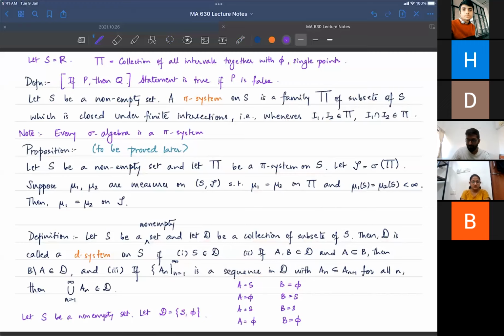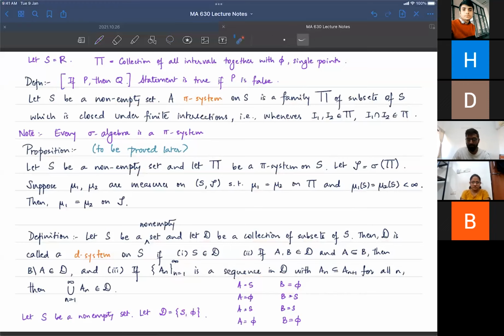Suppose I make a statement P implies Q. If P is false, then the statement is automatically true. You remember that from basic analysis and set theory. If the first part is false, then the statement is true, because all the statement is saying is that if P is true, then such and such should happen. But if P is already false, then you're fine. There's nothing to check.